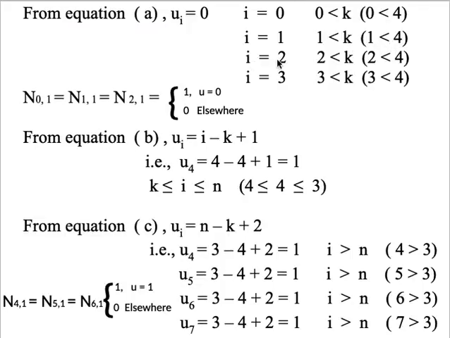Similarly, i equal to 2, 2 is less than k because k is again 4. Similarly for 3. So here the value is 0, and for k value 1 we can say that using 3 points, one segment can be created.